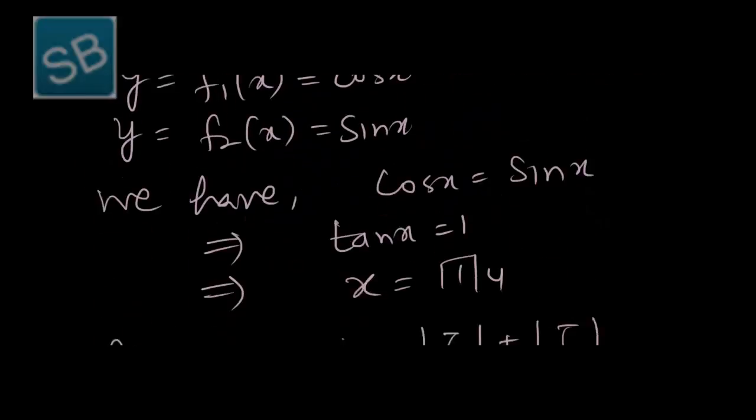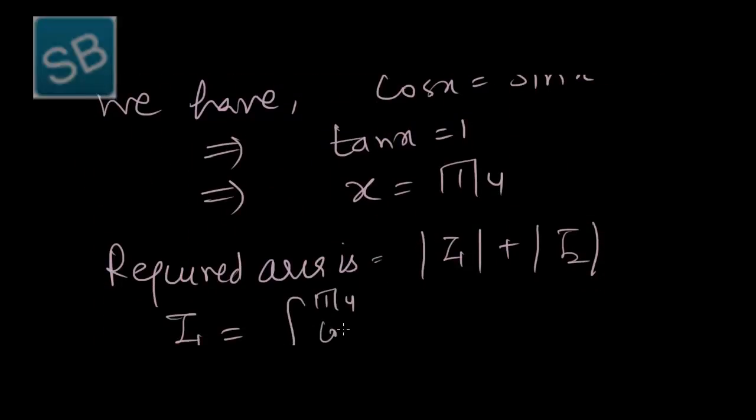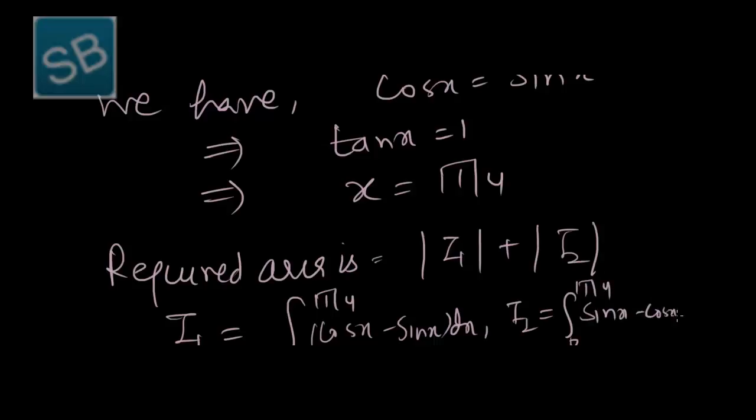So I1 is the integral of cos x minus sin x dx, and I2 is the integral of sin x minus cos x dx. So now we will find the value. The required area is denoted by A.